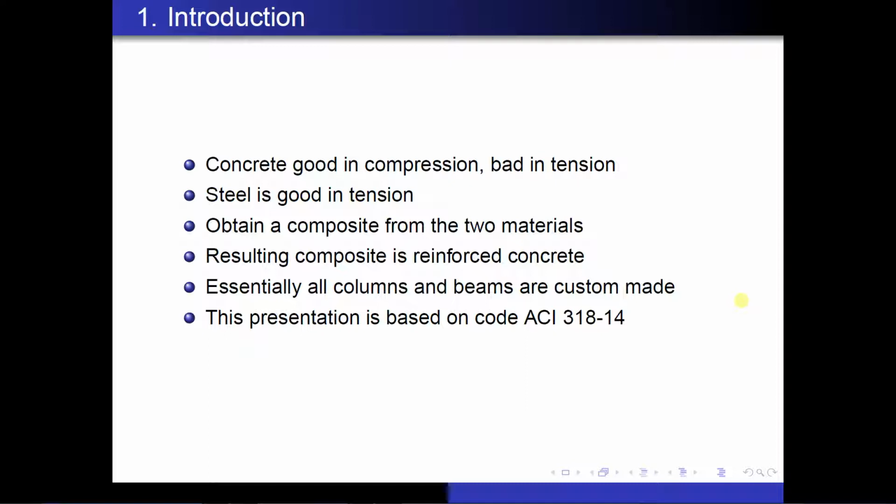They are custom-made, so we get to decide what the size of the columns are and what the size of the beams are, and also where the steel is going to be placed in those items. Lastly, I want to clearly say that this presentation is based on the latest American Concrete Institute code, which is 318-14.